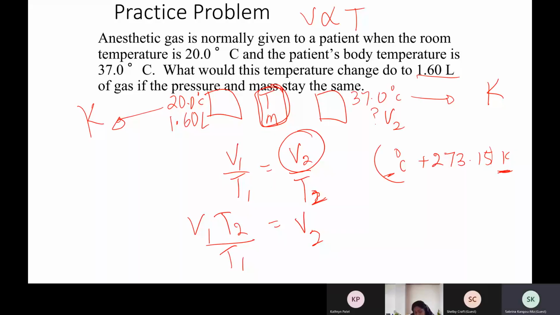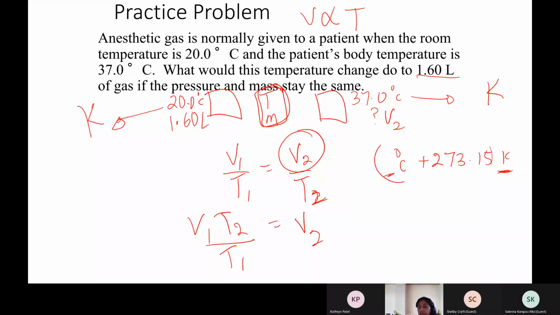For the volume, we do subtract, right? For the temperature, we subtract 37 from 20? No, no, no. You don't subtract anything. That's the second temperature.